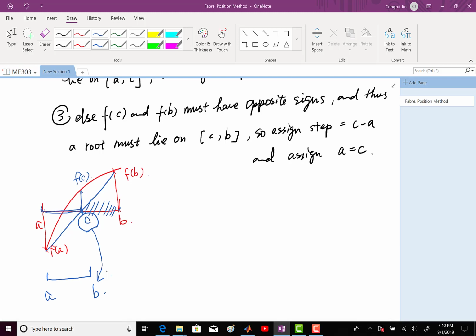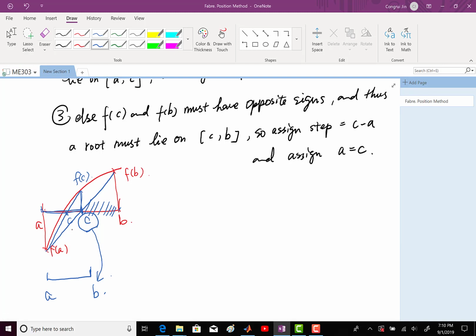And then when you start the next iteration, you can again draw a straight line connecting A, FA and B, FB, and then find another C, which is the intersection point. And then you can do this over and over again.